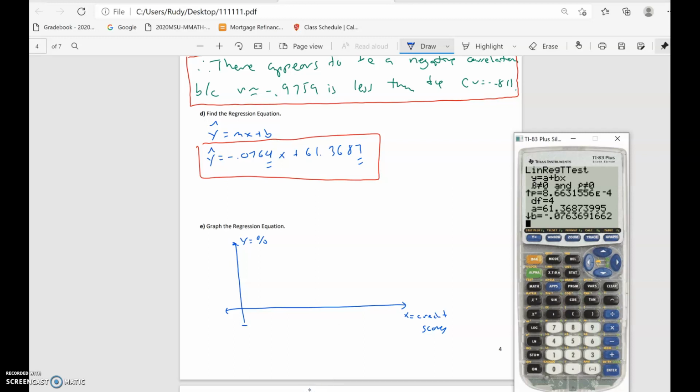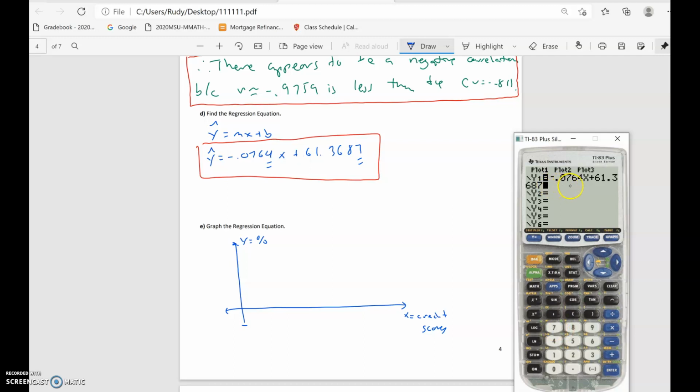And then to actually provide a sketch on this one, hit y, delete anything that's there. Then you're going to do negative 0.0764x plus 61.3687.